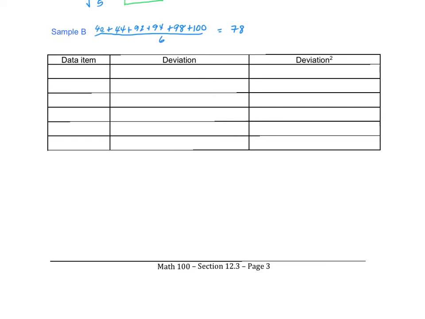Let's go ahead and list all our data items. We had 40, 44, 92, 94, 98, and 100.